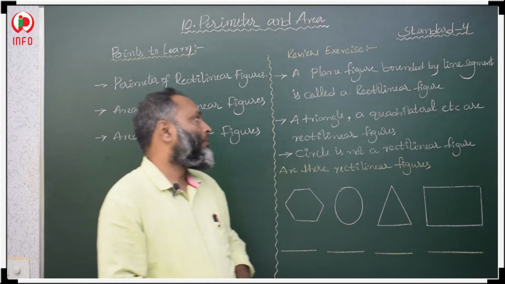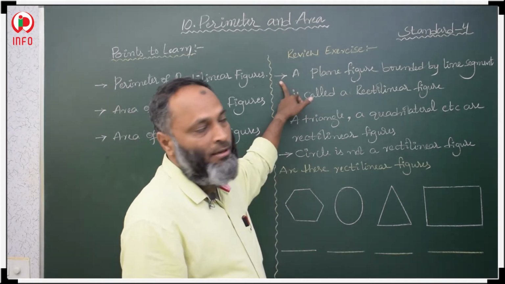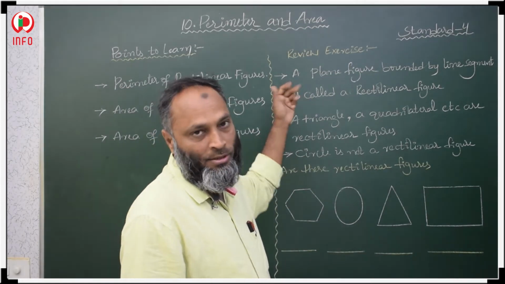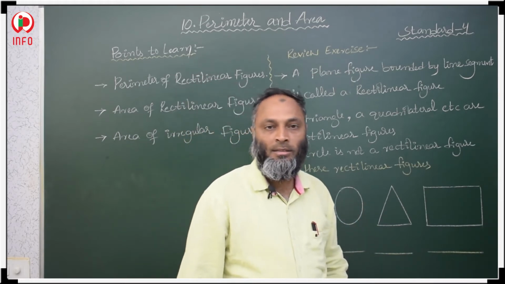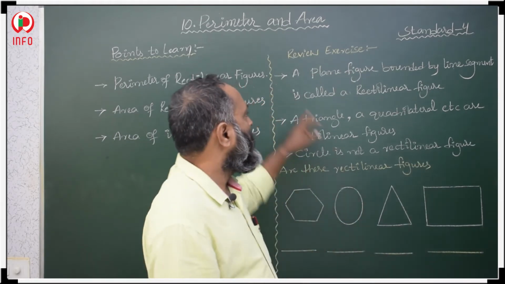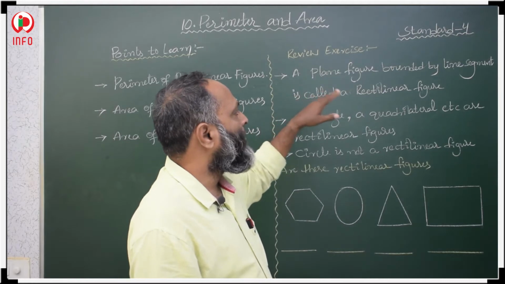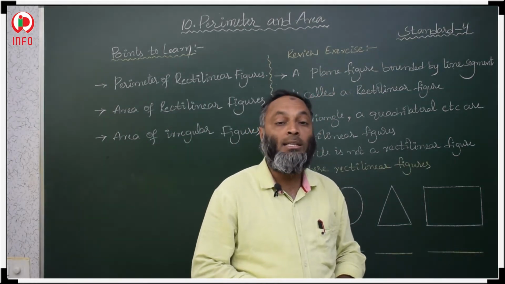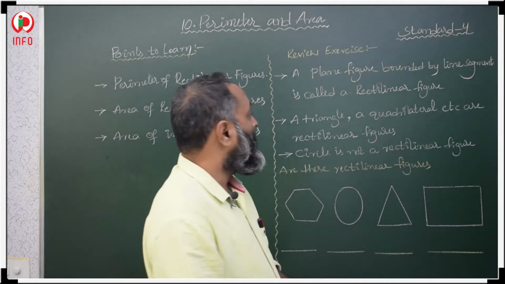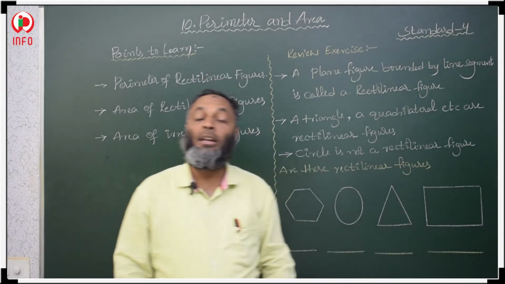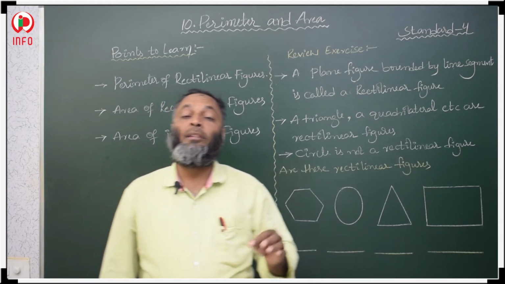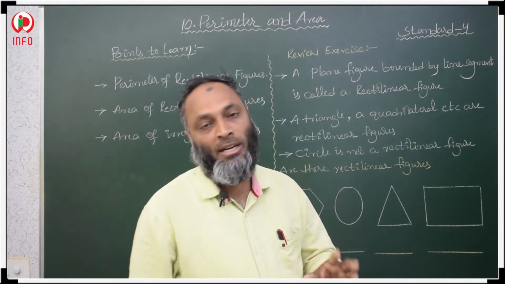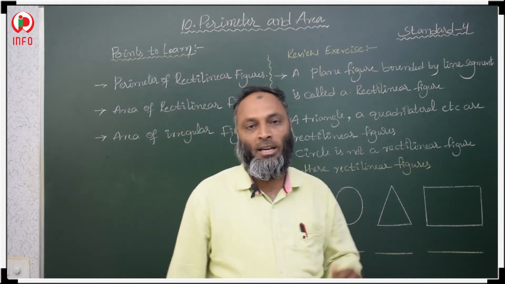See here, the definition is given. In the review exercise, what we discussed in earlier classes, what is given? A plane figure bounded by line segments is called a rectilinear figure. Rectilinear figures are bounded by straight lines.